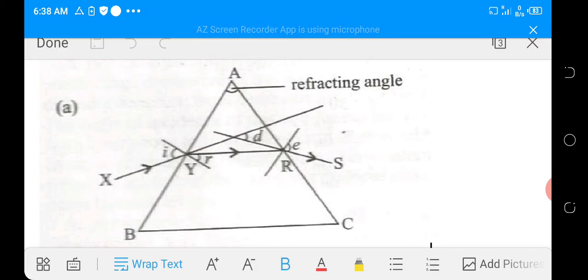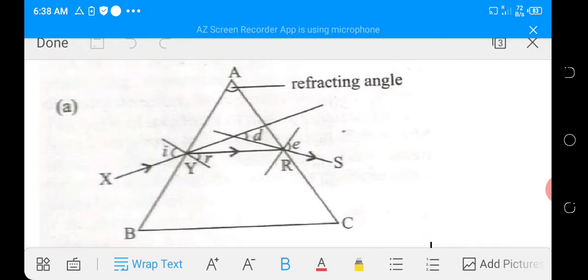Look through the side to view the image of the pins you placed on XY. The 2 pins must be reasonably separated. Then you look at the other side AC. You look through their images and place the 3rd and 4th pins in such a way that they will be in a straight line with the images you are seeing in the triangular prism.